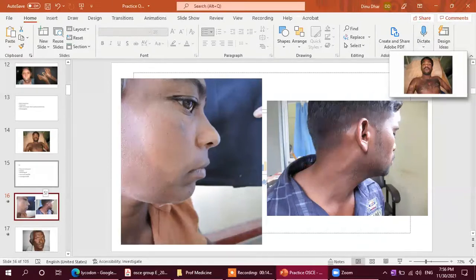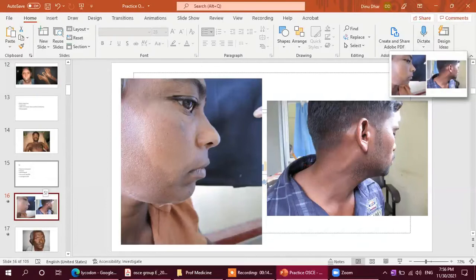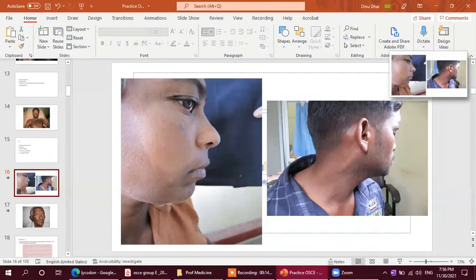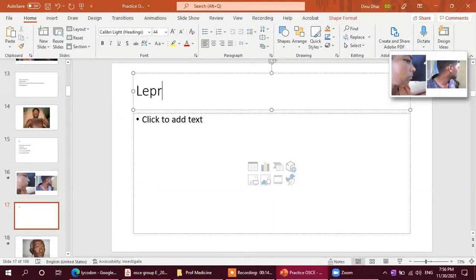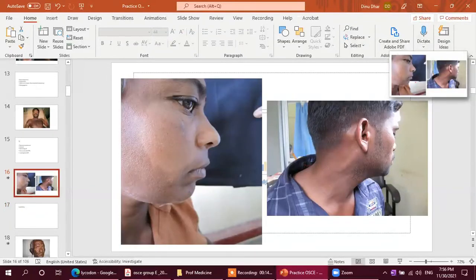Now these pictures are pictures of leprosy. If you follow the laser pointer, you can see this hypopigmented patch on the face. If you see that, most likely leprosy.